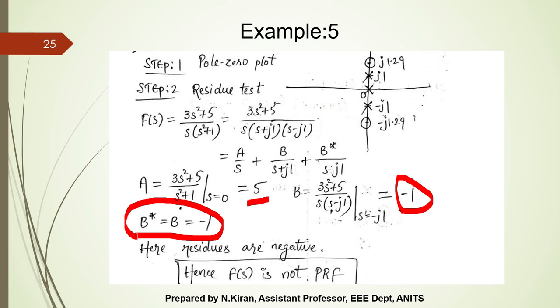If there are any residues that you encounter as negative, I can conclude that the given function is not a positive real function. So in this case, the given function is not a positive real function.